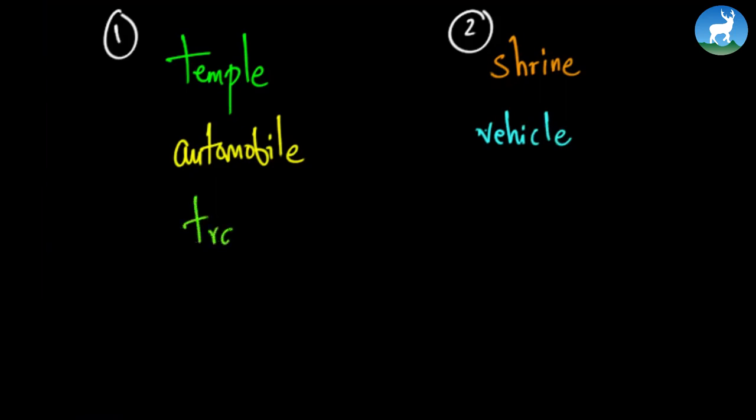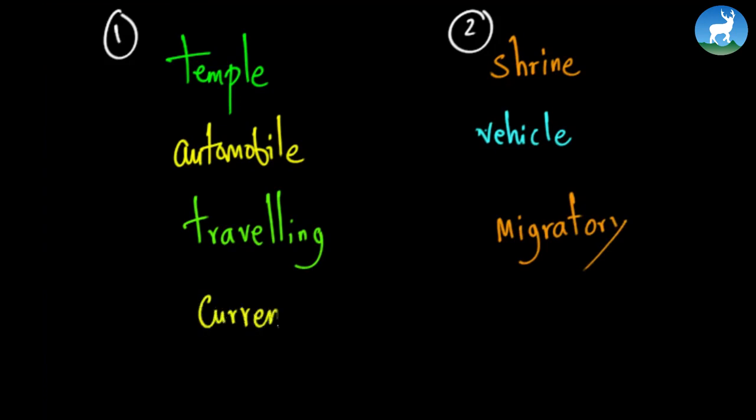We have yet another word which is traveling, and the closest meaning, or let's say another word for that, is migratory. Moving onwards, we've got a word called current, and the synonymous word to that is now.